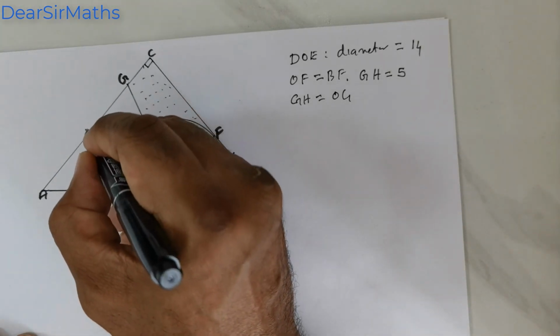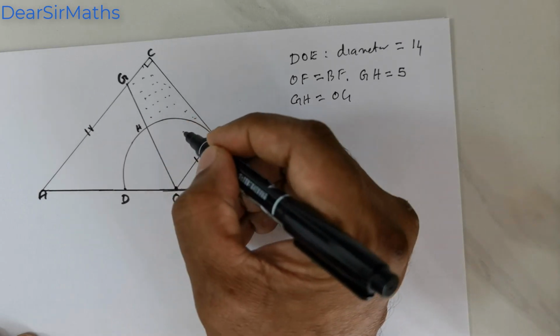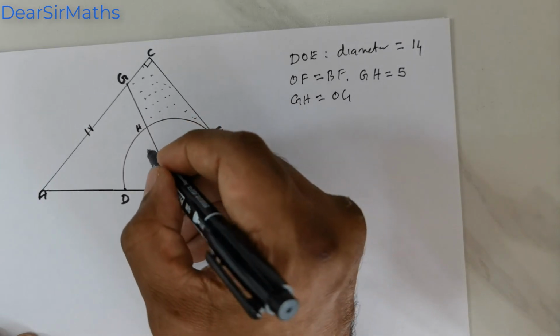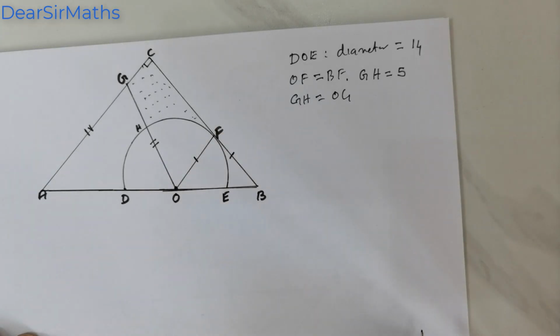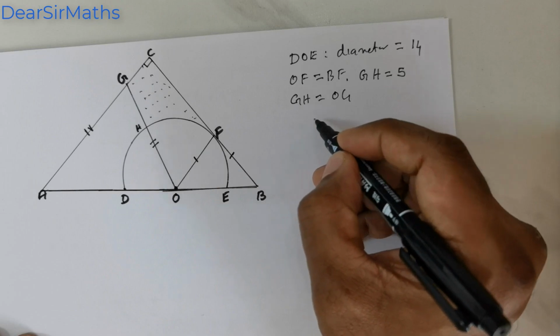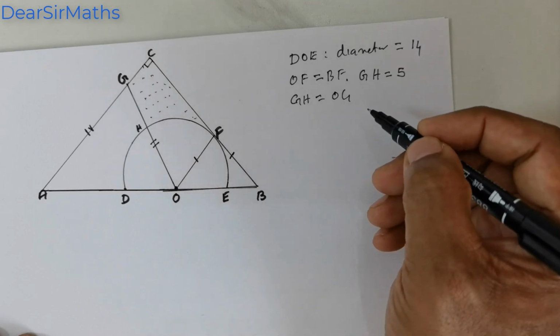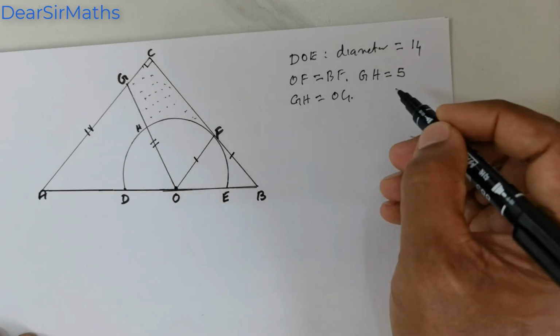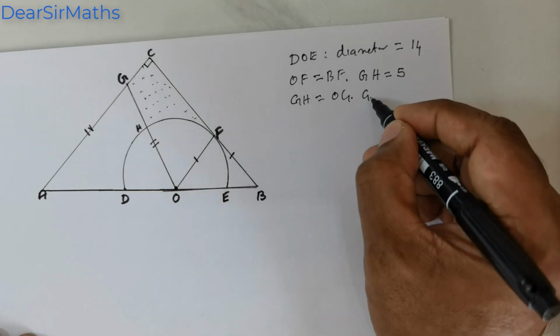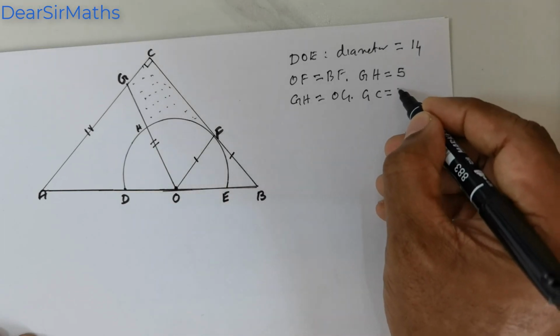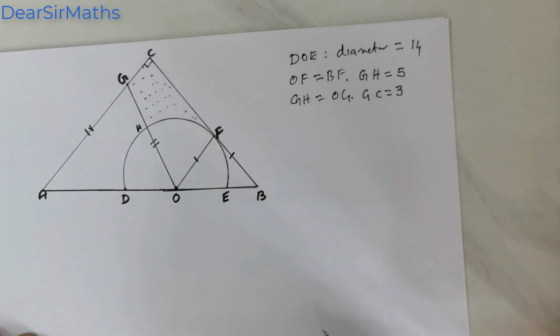So these two sides are equal, right? So that would mean we got an isosceles triangle inside this triangle, and we are also given GC. Now GC is given to be 3 units.